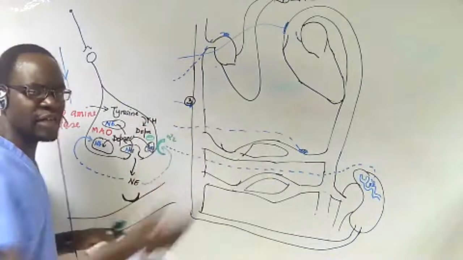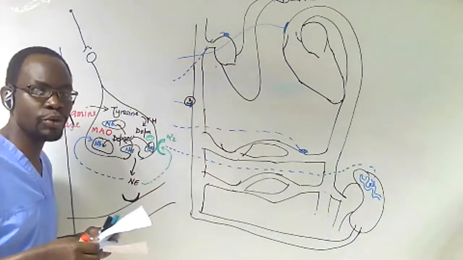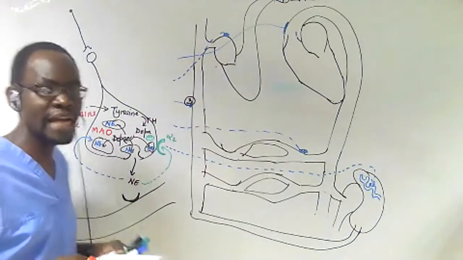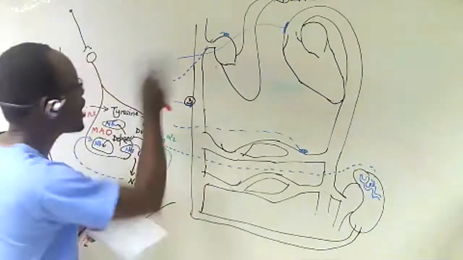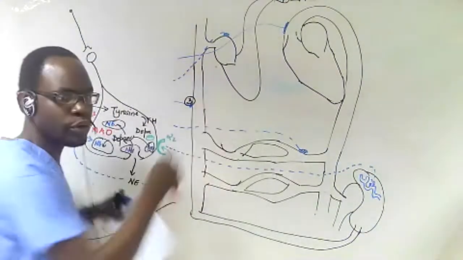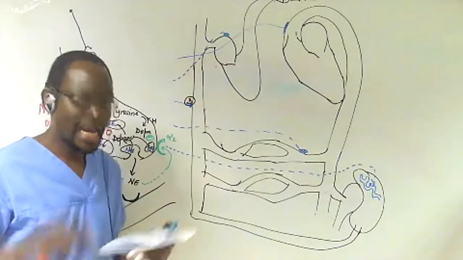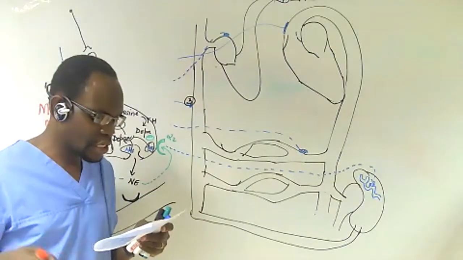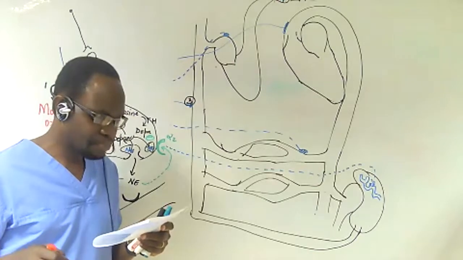So the effects we saw earlier will be seen: we shall not have an increase in heart rate, we shall have vasodilatation, and as a result, a decrease in pressure.